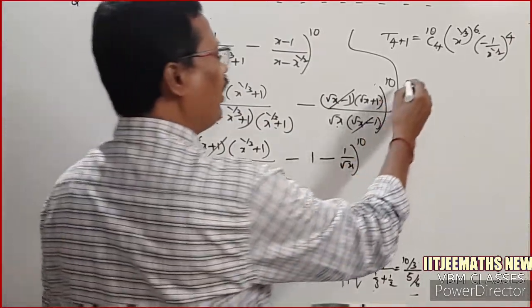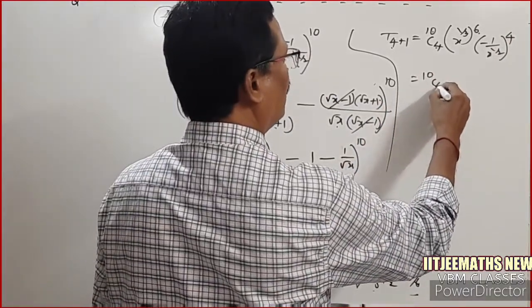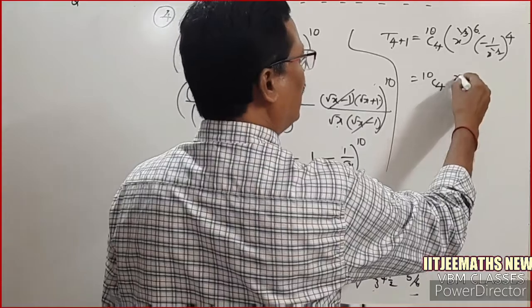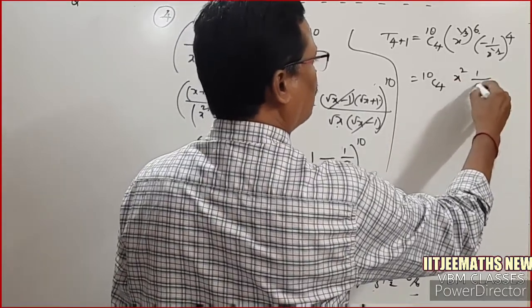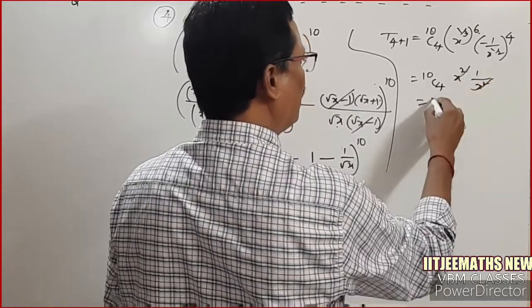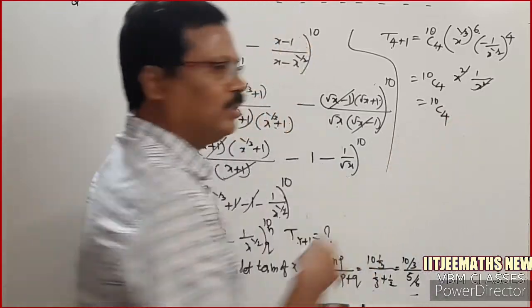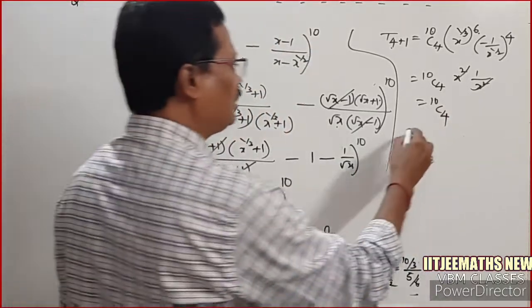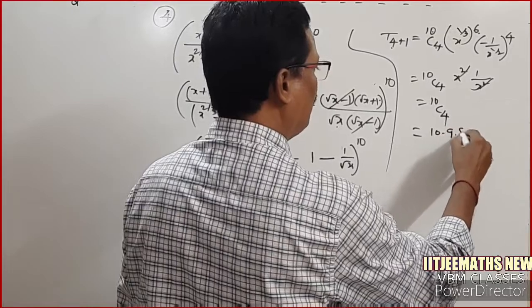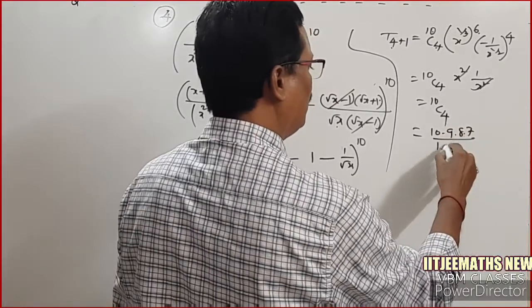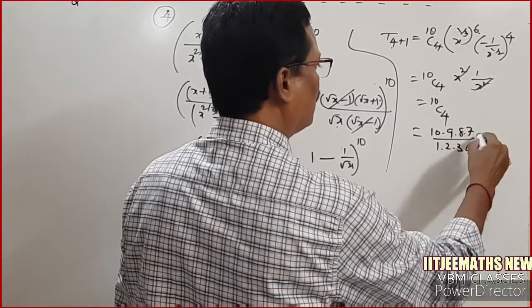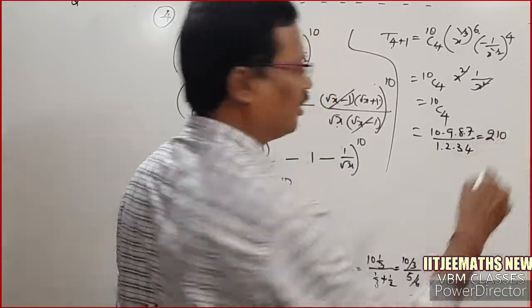Now if we simplify this 10C4, this x will be cancelled, x power 2, this 1 by x power 2. Therefore this is the term independent of x. We simplify 10C4, 10 into 9 into 8 into 7 by 1, 2, 3, 4. This will be 210.